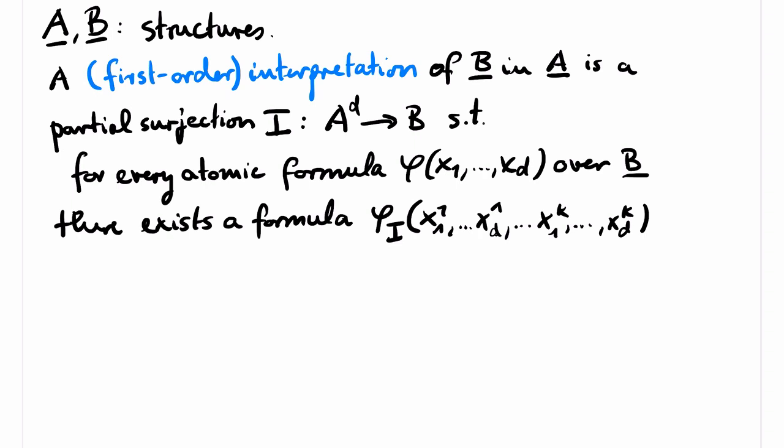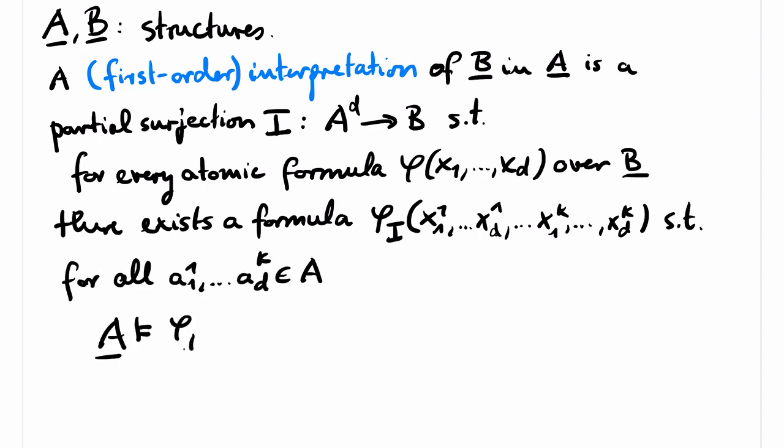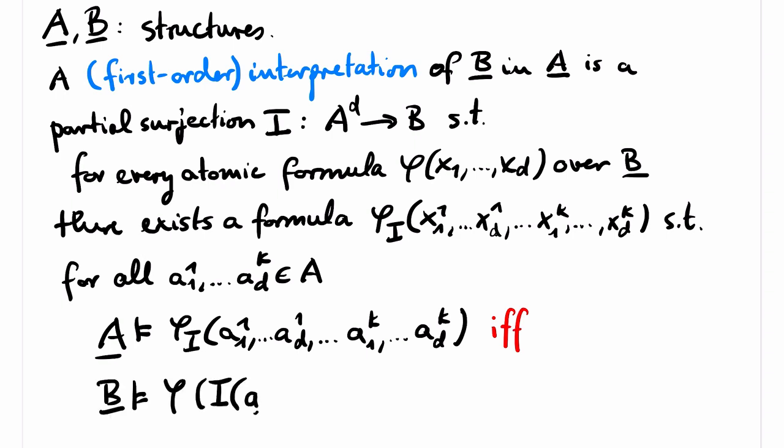The formula has k times d many variables because every element of B is simulated by a d-tuple of elements of A. The condition that we impose is that A satisfies phi_I on some elements a_1^1 up to a_D^k if and only if B satisfies phi on the image of these points under I. That is, I applied to a_1^1 up to a_D^1, and so on until I applied to a_1^k up to a_D^k.